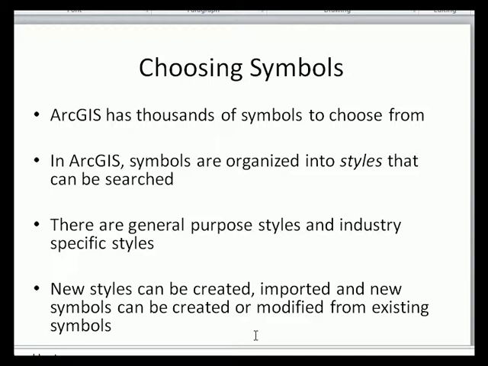And it makes it easier to find styles when you've got thousands of them if you create your own style and put what you use often into a style. At version 10, there's also a search functionality for styles, for symbols within the style area.